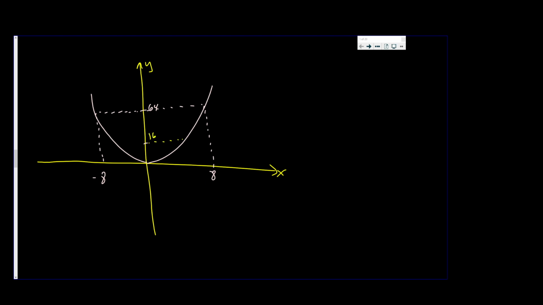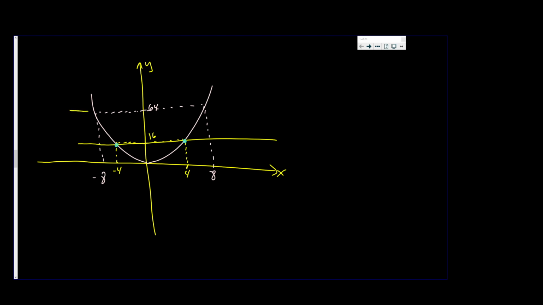I don't know. Either you squared this number, which of course is 4, or you squared that number, which is negative 4. I apologize that my scale is so off, but you see the point. This horizontal line at 16 crossed the graph in 2 different places.